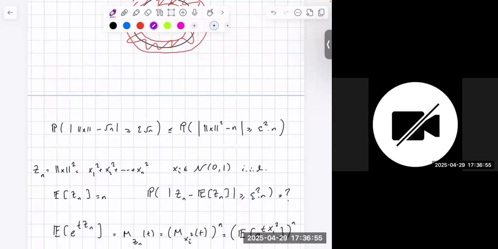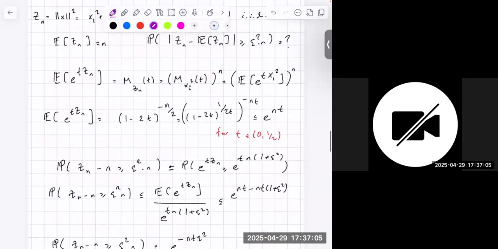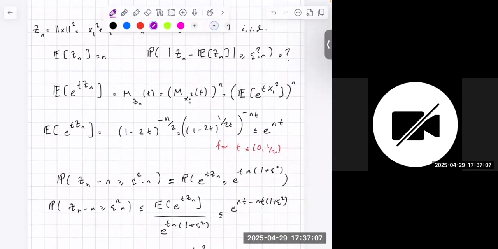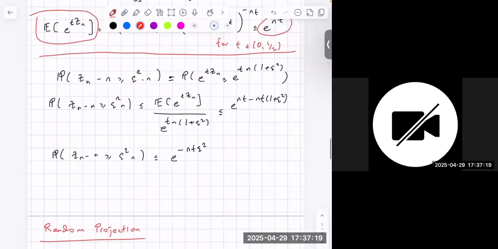So, all right, then all you need is to compute this moment generating function, whatever that is. It's just the square of a Gaussian. And you do that, and the bound you get for your moment generating function turns out to be always less than e to the n times t. And now you could forget everything you heard so far.